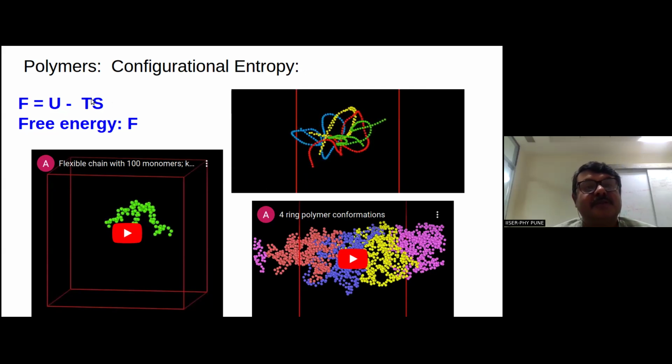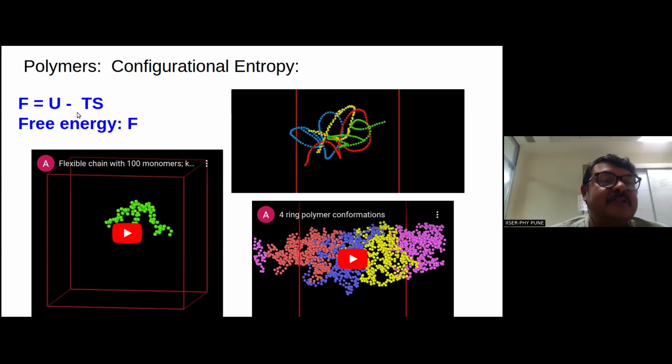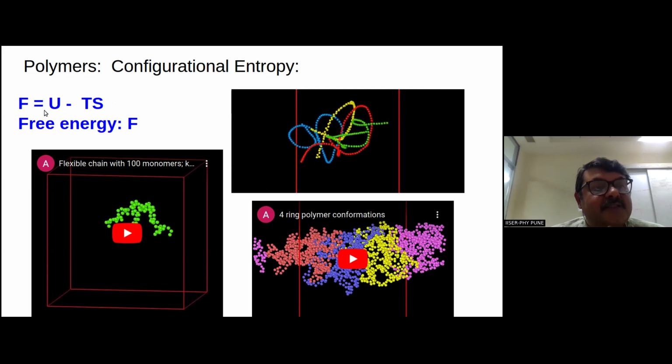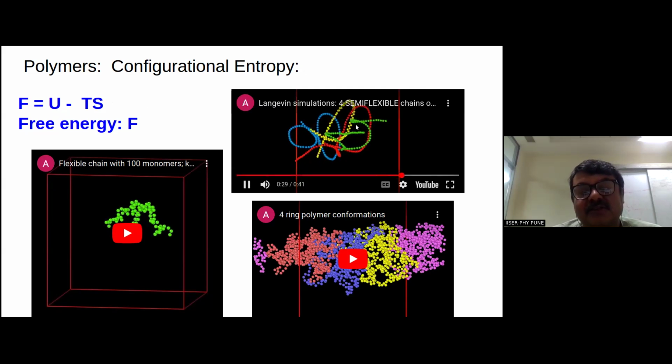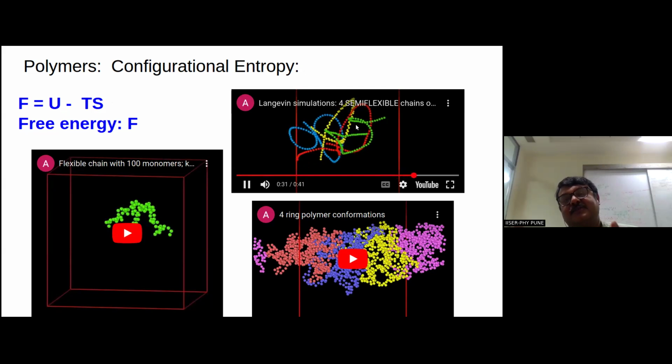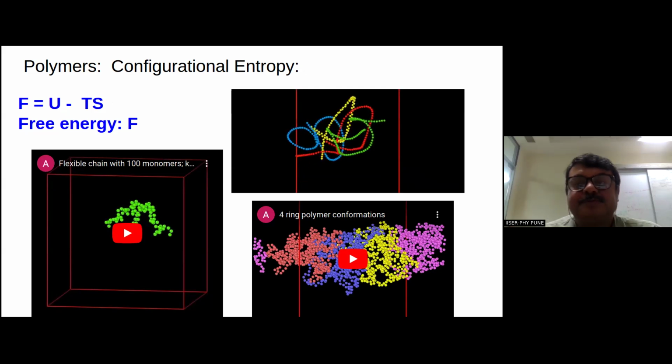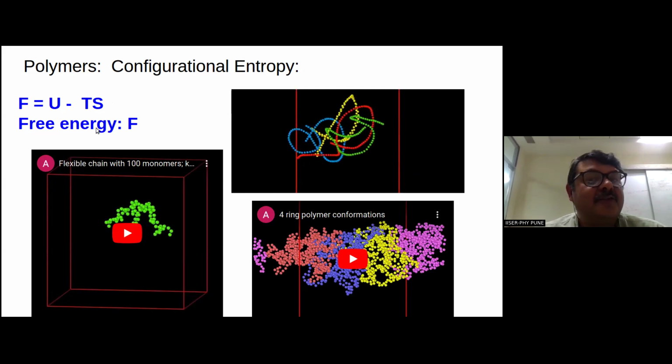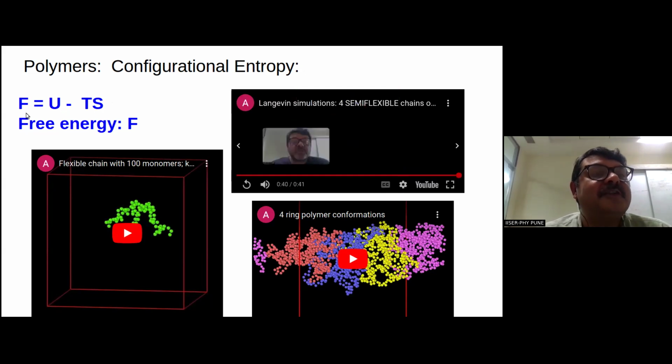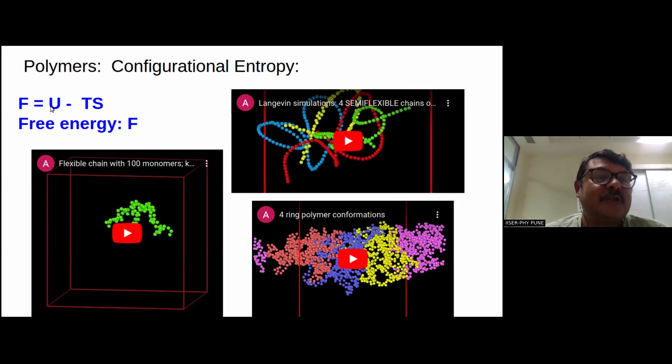Yes, entropy would be high, but that would also lead to a penalization, a high value of U. So it is the free energy. This is in contact with a thermal bath, for those who know, so it's a canonical ensemble. Here entropy is not maximized, but free energy is minimized. And here both energy and entropy are playing a role.